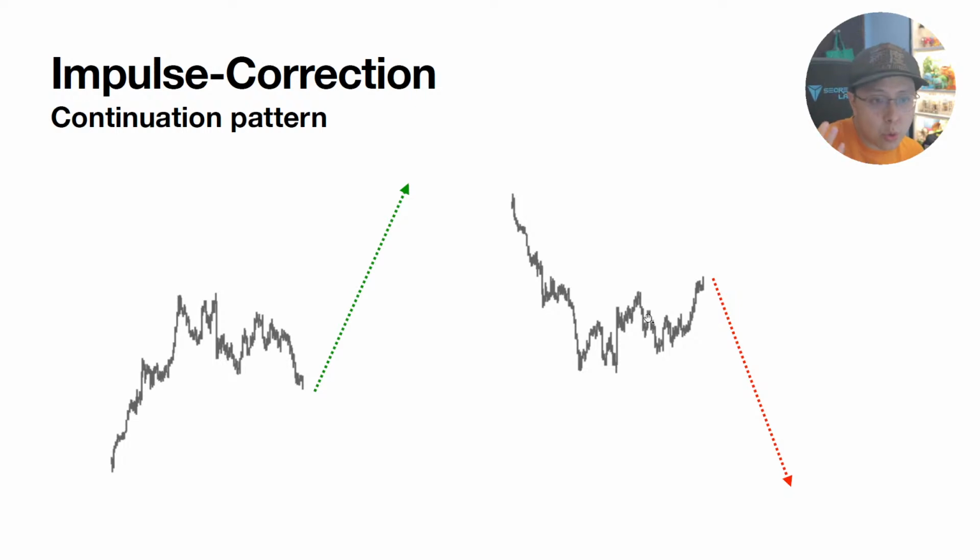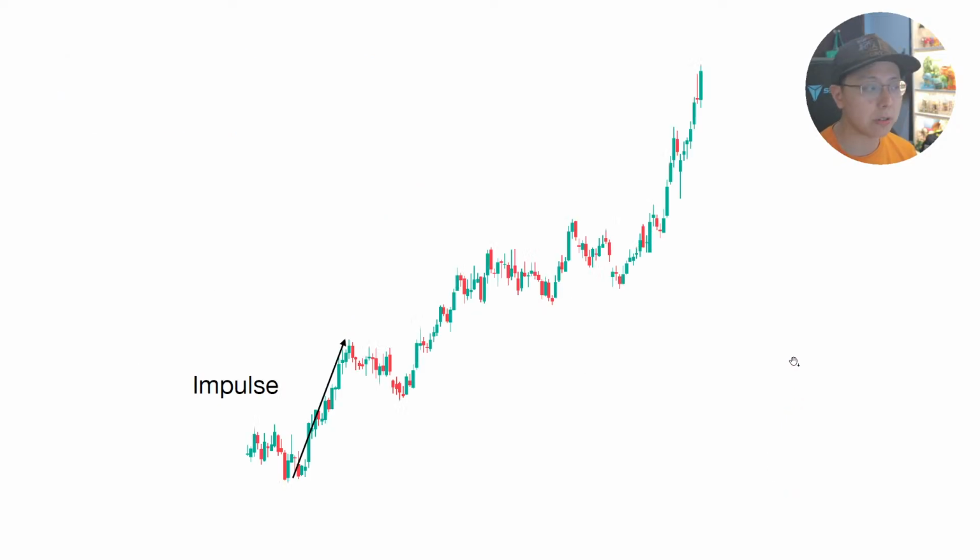What does it mean? You have established a direction that you can focus on. Because if you see this pattern, there's a high probability the market will go up. If you see this pattern on the right, impulsive move to the downside, corrective move to the upside, there's a very high chance the market will come down. Very simple. Let me show you more examples of how the patterns play out.